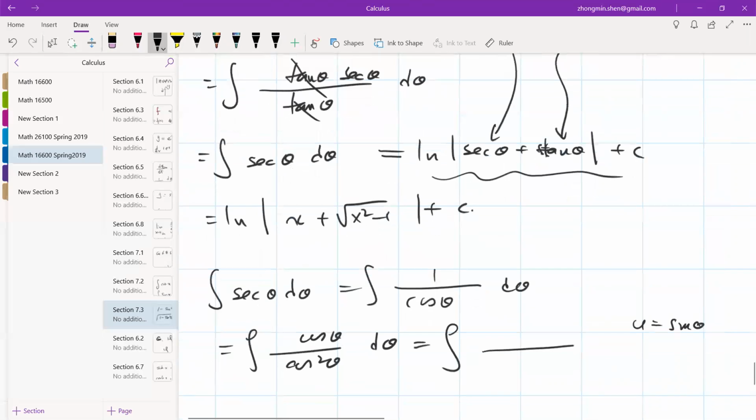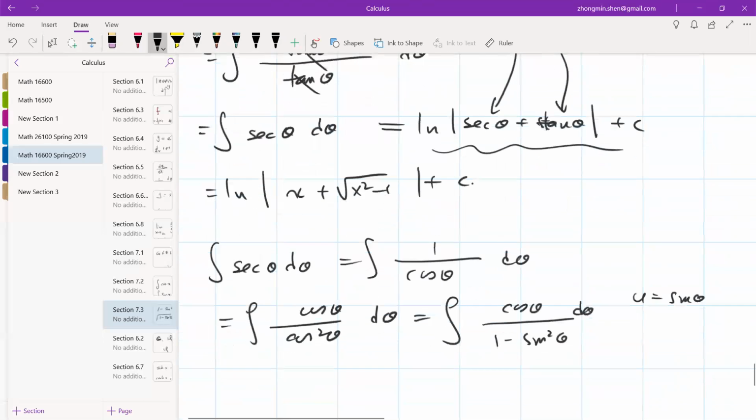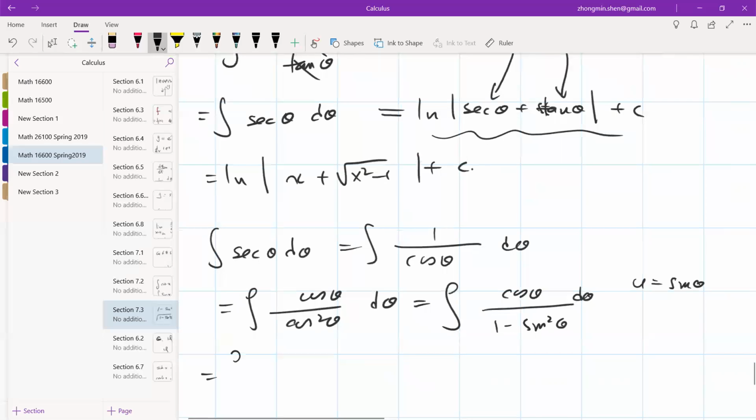So I get 1 minus sine squared theta, and d cosine theta d theta, right? That's a standard technique. So I get du over 1 minus u squared. At this point, if you still don't know the formulas, then you have to continue. If you already know the formulas, this is going to be the inverse hyperbolic tangent. So there is a formula.